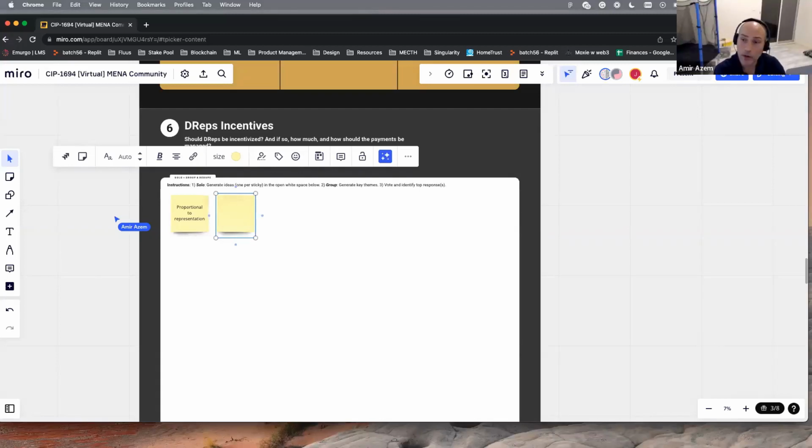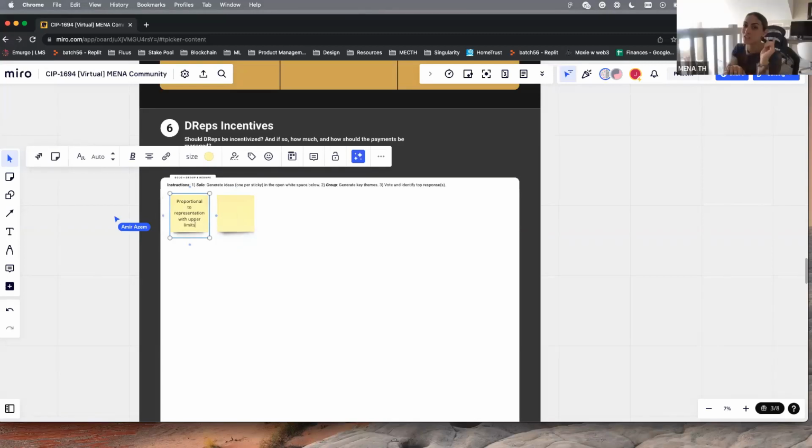Maybe there should be an upper limit and say at most you get 1,000 ADA, or whatever number you want. But then that causes the same stake pool issue where they're incentivized to split. But that's more effort as a DREP to split. Exactly, and then you have less control on your vote outcome.